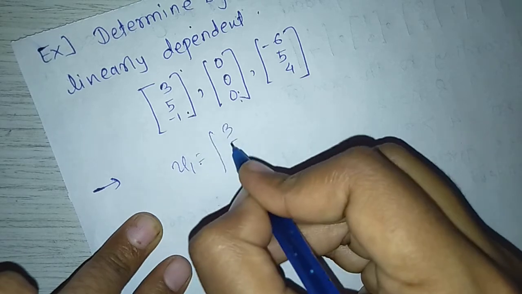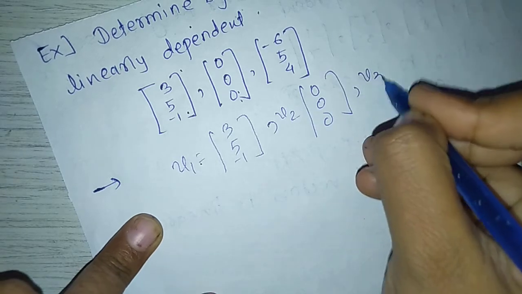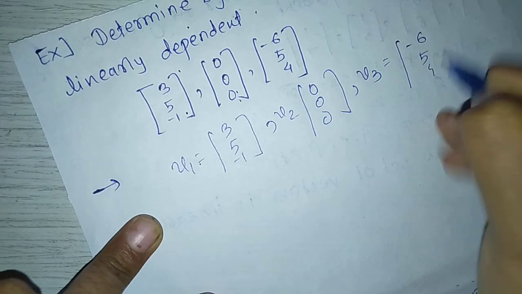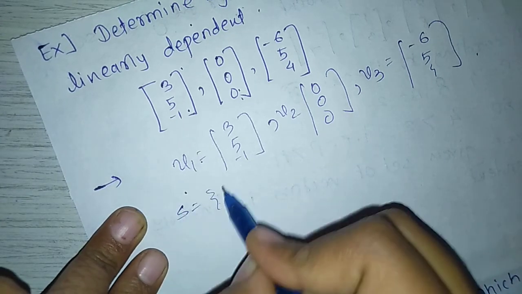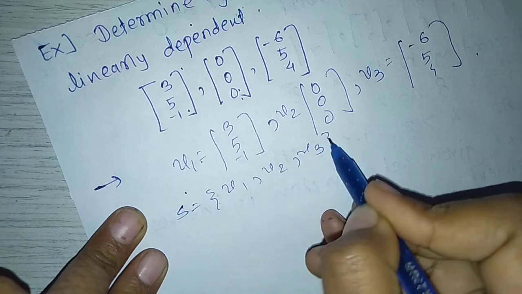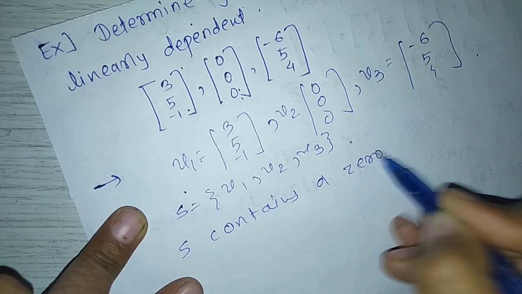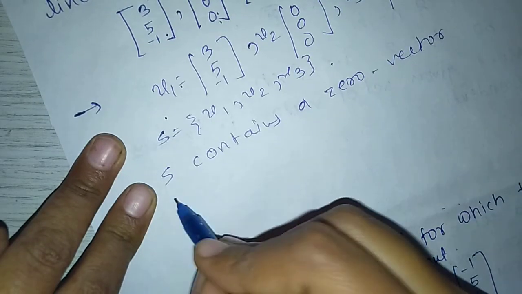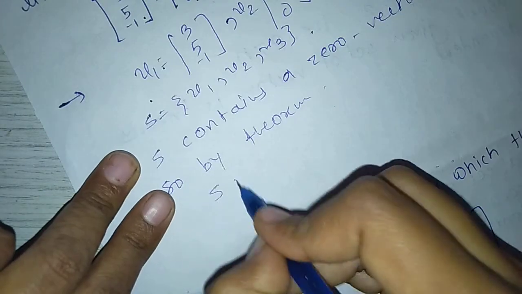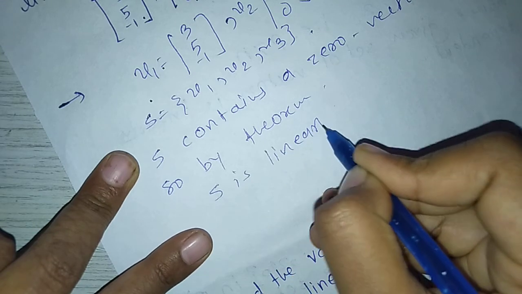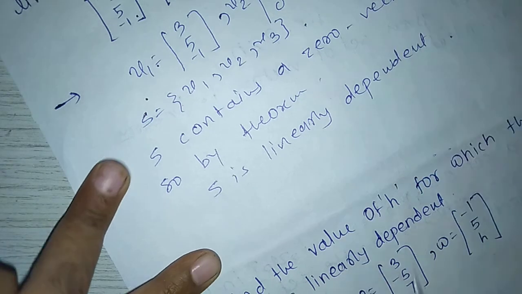V1 equal to 3 5 minus 1, V2 equal to 0 0 0, V3 equal to minus 6 5 4. Suppose S equal to V1 V2 V3. S contains a 0 vector. So by the above theorem, S is linearly dependent. Here we stop.